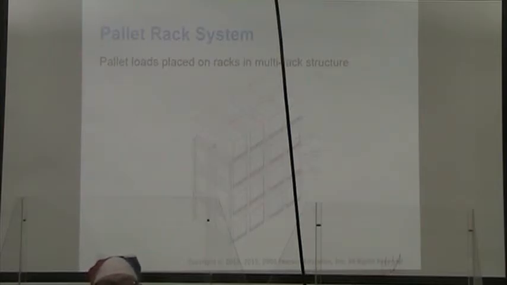This is a typical rack system for pallets, and we can stack very high, depending of course on the weight of our loads, and we can get items in and out fairly easily with forklifts.